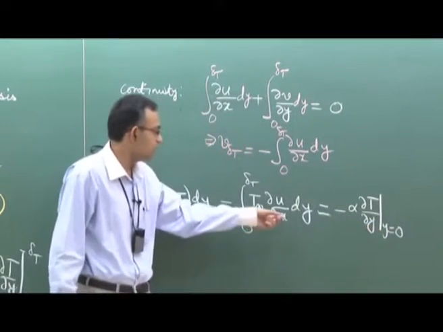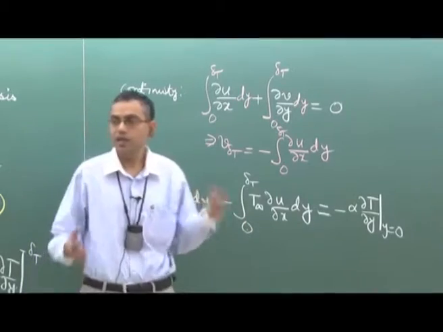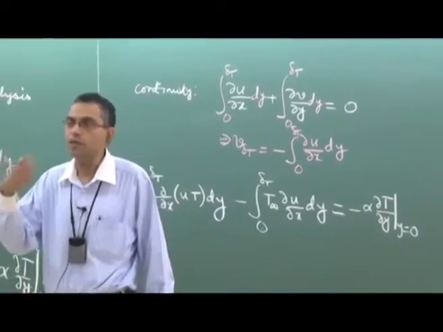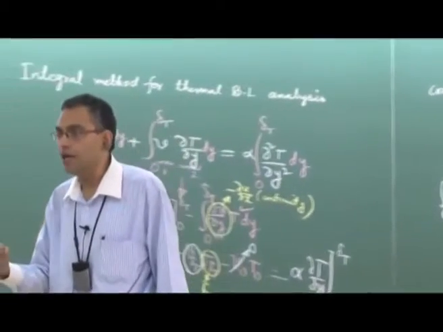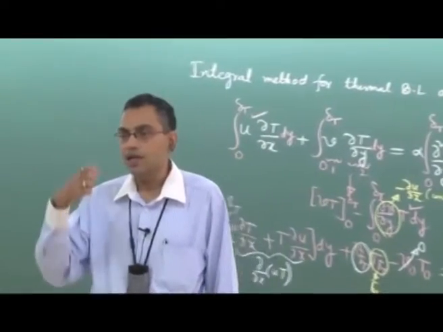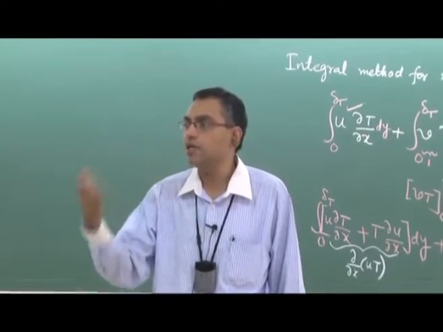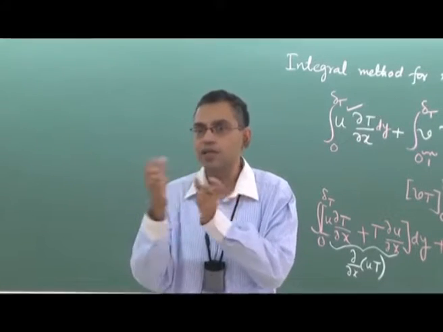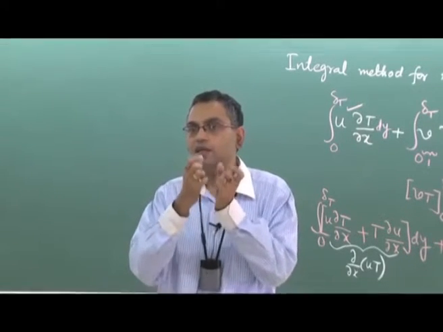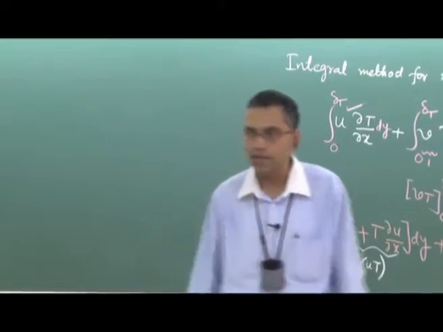It gives it through some integral expression, and as we have seen, if we use an approximate temperature profile just like an approximate velocity profile, then the result may be erroneous for the velocity or temperature, but the integral of velocity and temperature is not so erroneous, typically because we are using some function into 1 minus that function, something like that.